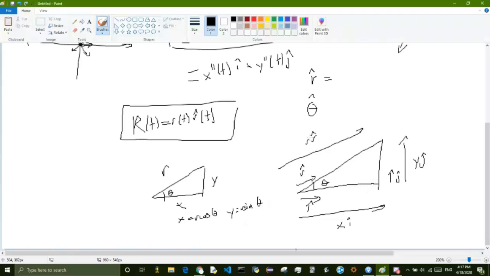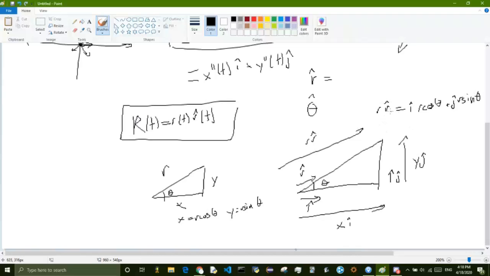Then we can plug this in, right? We know r times r hat is simply a case of vector addition. So r times r hat equals x times i hat plus y times j hat. But we've already figured out what x and y are in terms of r and theta. So this is equal to i hat times the magnitude of x, which is simply r cosine theta, plus j hat times r sine theta.